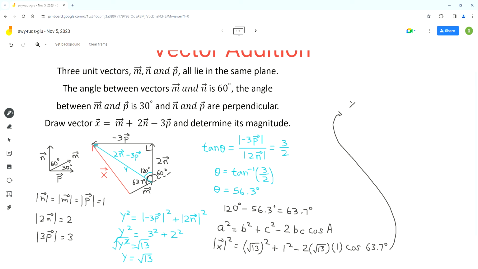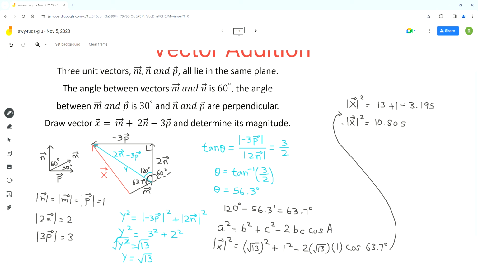So we get x square equals, so that's 13 plus 1 minus 3.195. Now we can combine these terms. So the magnitude of vector x square, I got 10.805.